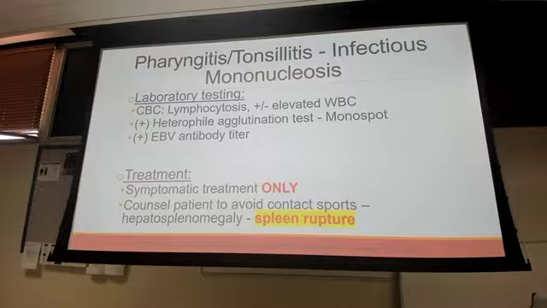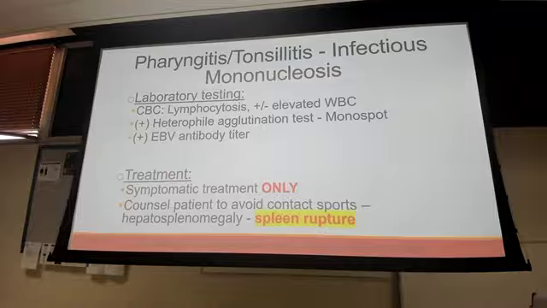But really what's going to clue us in is that heterophil agglutination test, also known as a monospot. Has anybody ever heard of monospot? Any of the medics? That's the same thing. That's going to be our first line or primary test because, similar to the rapid antigen detection test, it can come back in like 15 minutes.